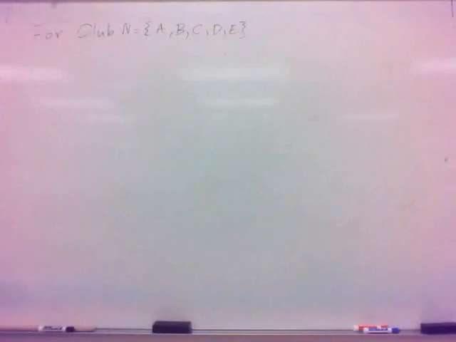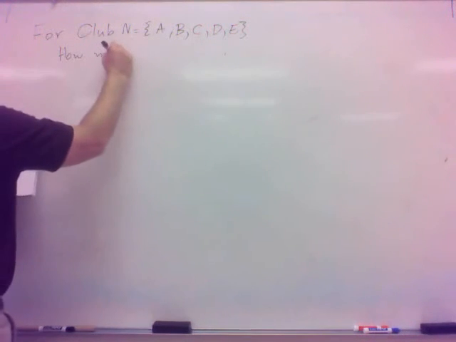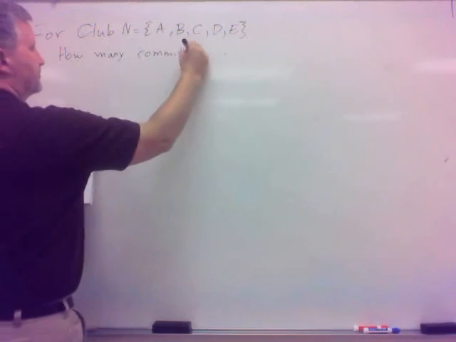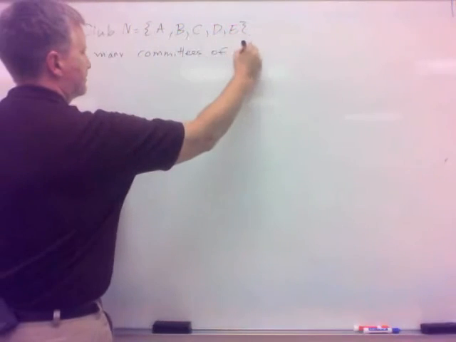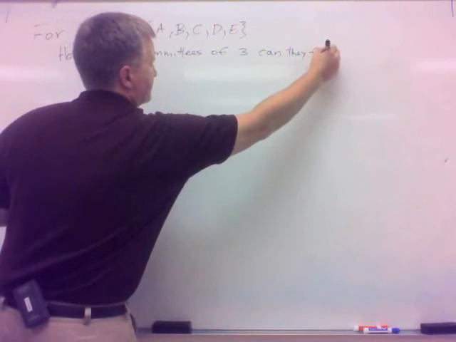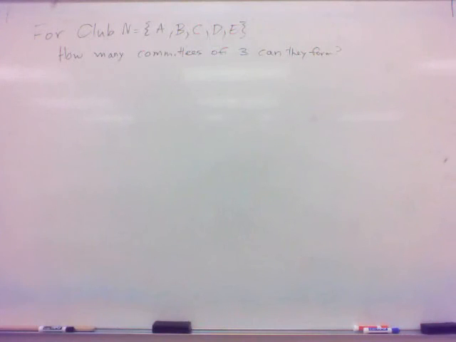Doesn't really matter who they are, but there's 5 of them. And how many committees of 3 can they form? Similar problem to one we did a little bit earlier, and we're just going to list it out first of all. Got 5 folks and 3 committee members.